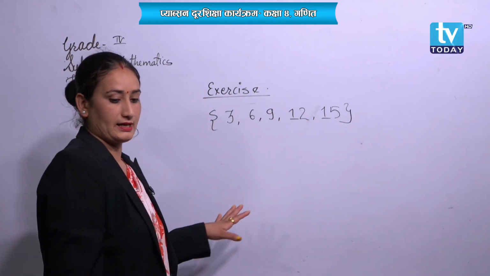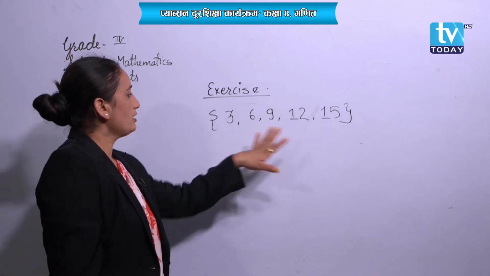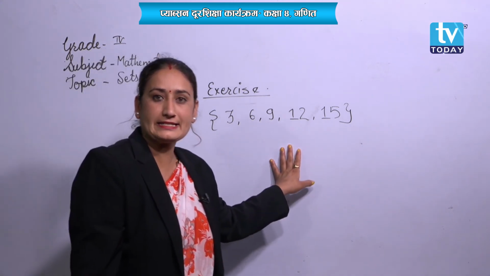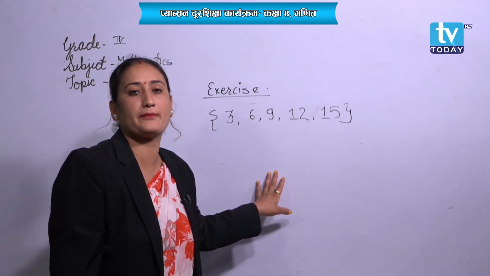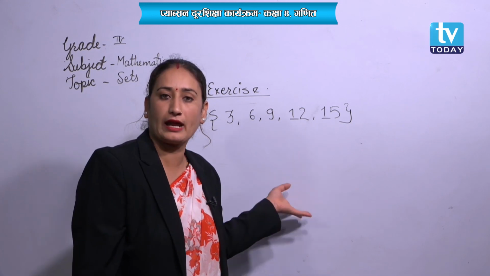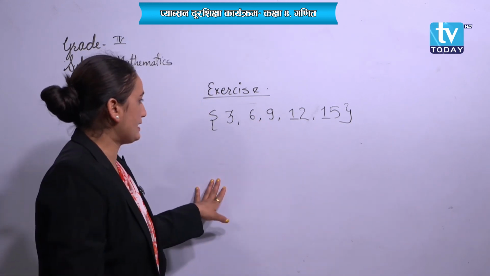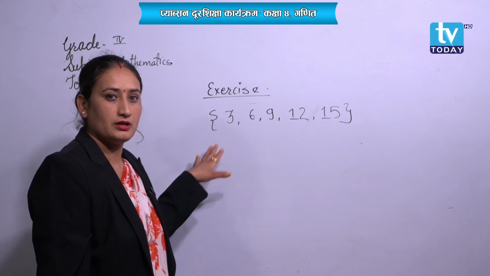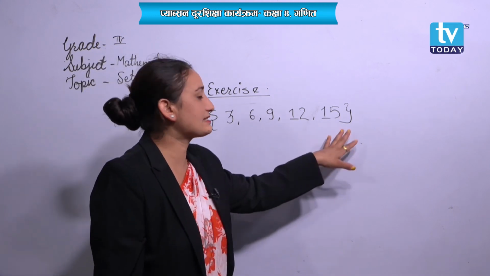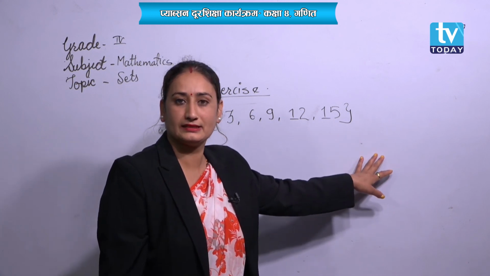Okay, students, have a look at this one. The question is given in the form of a listing method. Now, you have to write in a descriptive method. Then how to write? The set of multiples of 3 less than 18.